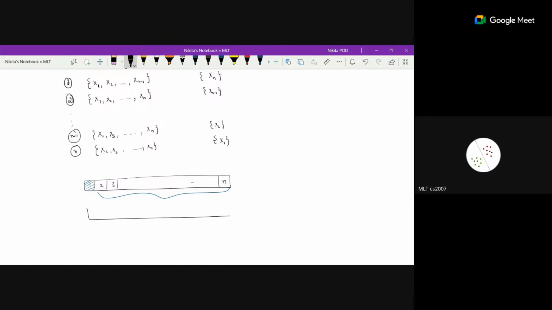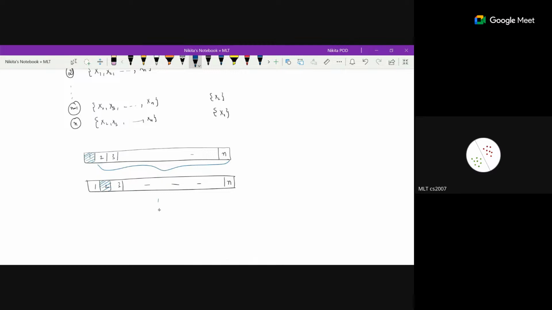Then the second case would be that with 1, 2, 3, so on till n, you keep the second for validation. On validation, this is where you will test your model, whatever model you have fit. You will test its performance on this validation set. So you keep the second data point for validation, and on the remaining, you fit your model. And similarly, you can do it n times because you have a total of n observations.